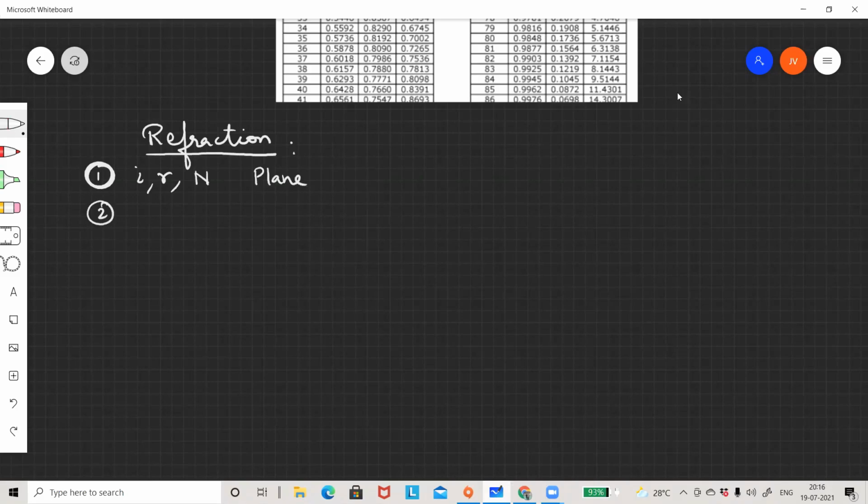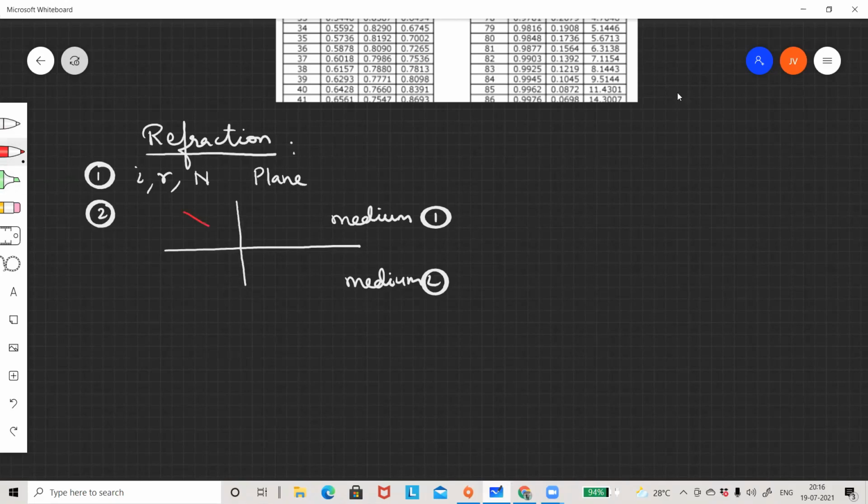And the second one was, if we have medium 1 and medium 2 and a ray of light travels from one medium to the other, then if medium 1 is rarer and medium 2 is denser, the ray of light bends towards the normal.